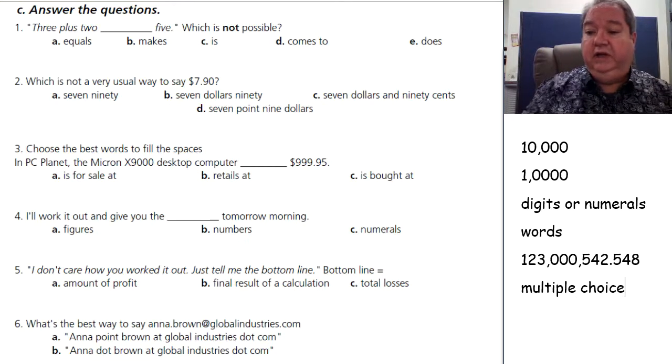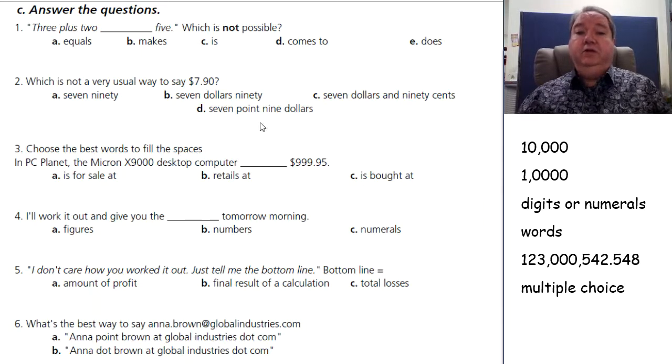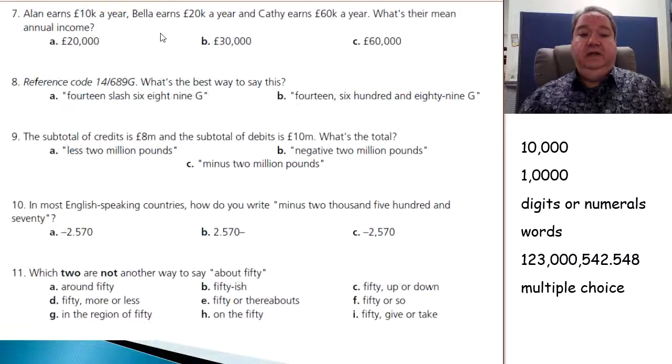These are multiple choice. There are multiple choices. Normally you just choose one. Okay, but this would be called a multiple choice question. So choose A, B, C, D, or E. And this is the bottom part of the page. And that is the entire unit.